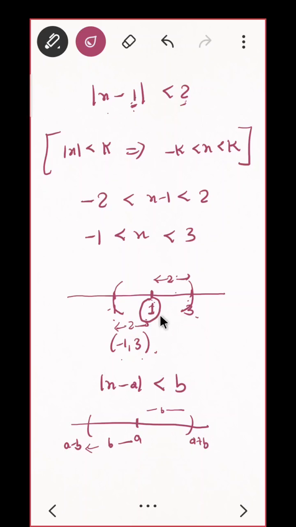So what this interval tells you is that I am getting all the neighborhood points. Neighborhood means what? You understand that these points are neighbors to a, correct? These are neighborhood points. So I'll define one new term, that is called neighborhood.